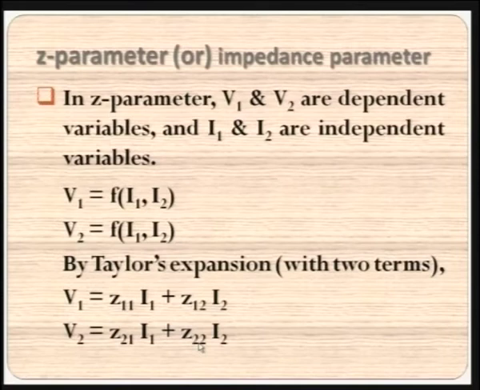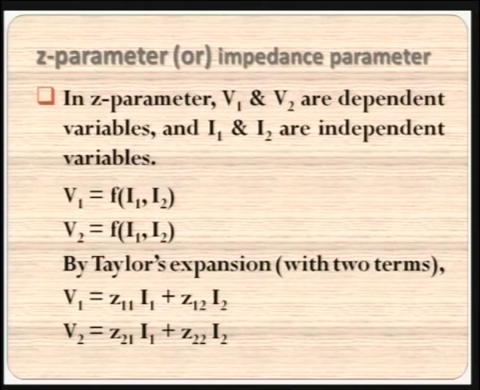So, let us have a look at the equation once. In this equation, we have the 4 Z parameters appearing: Z11, Z12, Z21, Z22. These equations, as I said, could be represented in matrix form, that we will take up in the next lecture. But what are these Z11, Z12, Z21, Z22 terms?